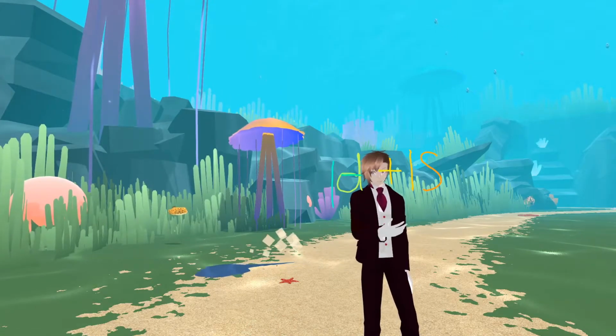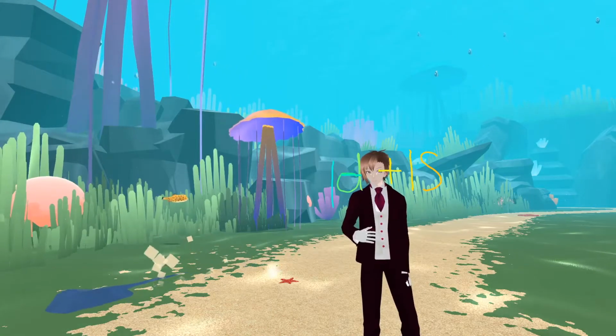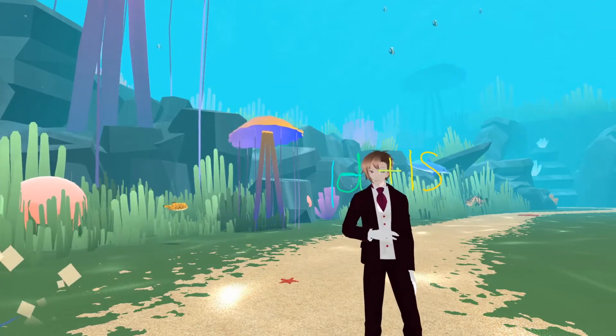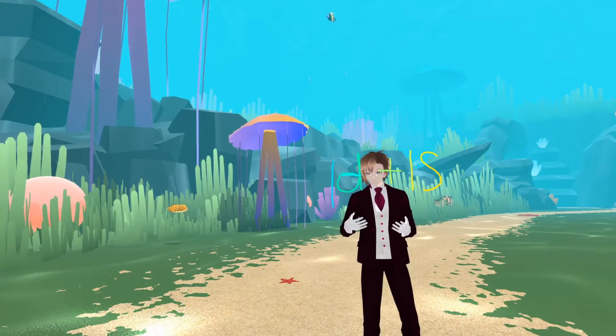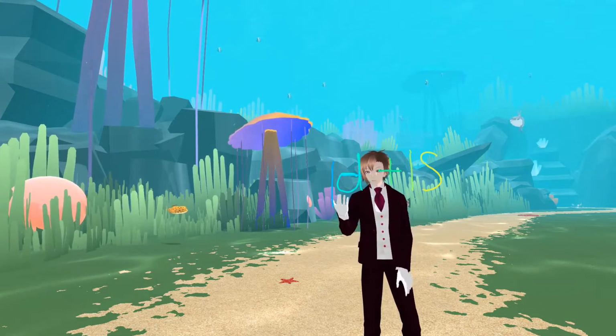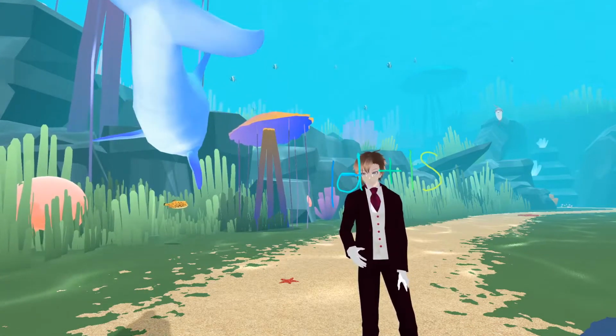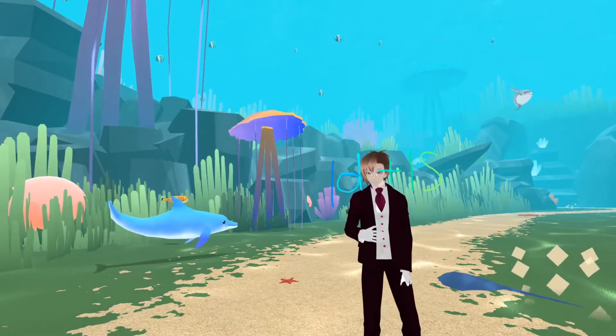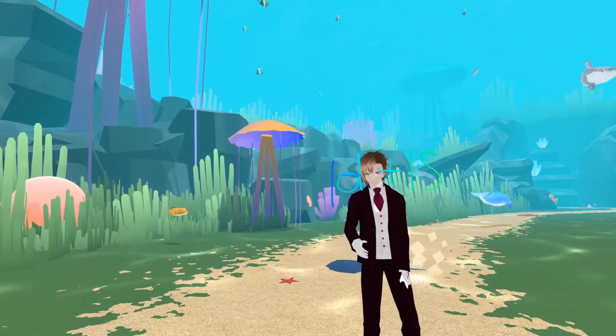So I have 1 dolphin and 1 stingray. However, I can't combine this into 2 stingray dolphins. It would be still the same. I have 1 dolphin and 1 stingray. So this would stay the same.